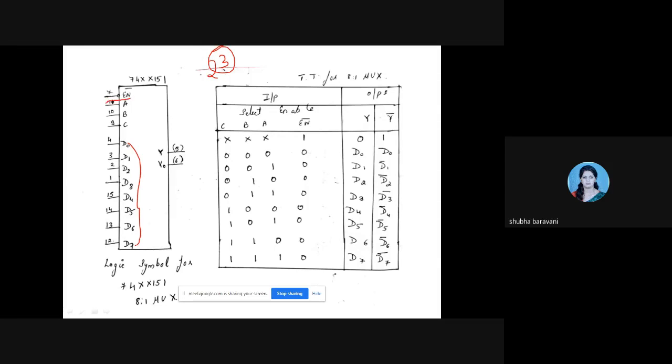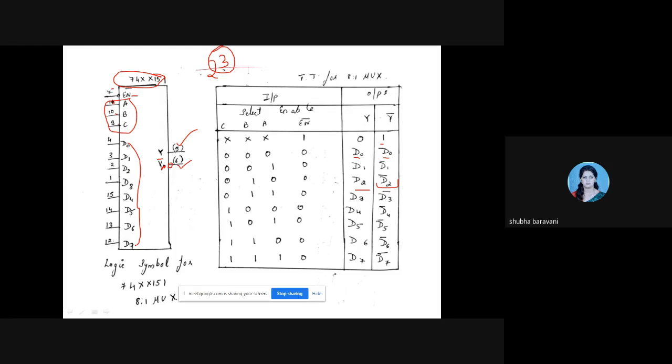So I have 3 select lines A, B, C connected to pin numbers 9, 10 and 11. Pin number 7 of this IC 74151 is connected to enable bar. This IC is an active low IC which gives you two outputs Y and Y bar. You ignore this Y naught and here you give a bubble. Your two outputs, one is active high connected to pin number 5, one is active low connected to pin number 6. If your Y gives D0, Y bar will give you D0 bar. If your Y gives D2, Y bar will give you D2 bar.